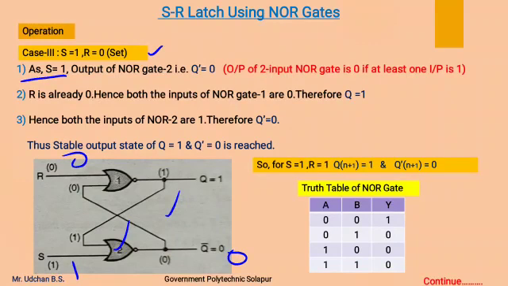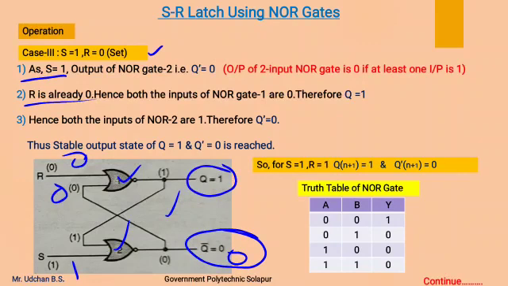Now R is already 0. Another input of NOR gate 1 is 0 as Q complement becomes 0. So both the inputs of NOR gate 1 are now 0. Therefore Q will become 1. For 0 0, the output will be 1. Therefore Q is 1 now.